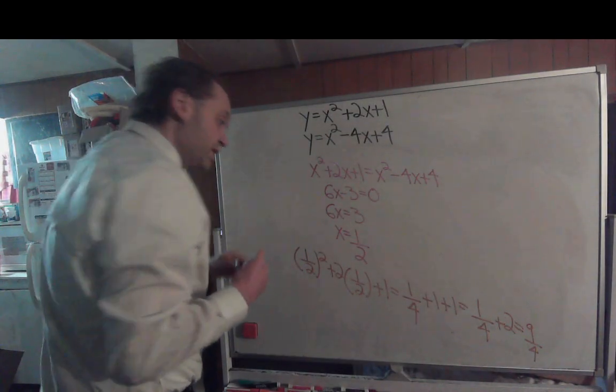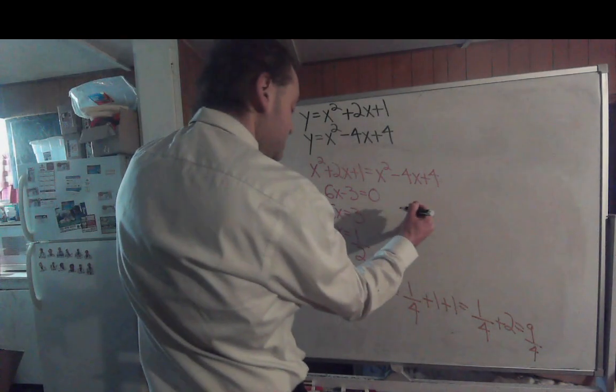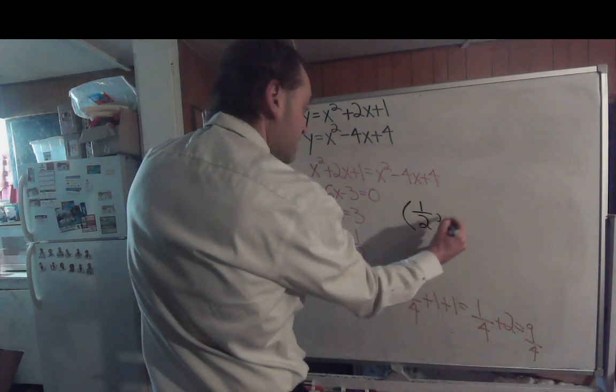So the y-coordinate of the point of intersection is 9/4. So these two parabolas intersect at one point, at the point 1/2 and 9/4.